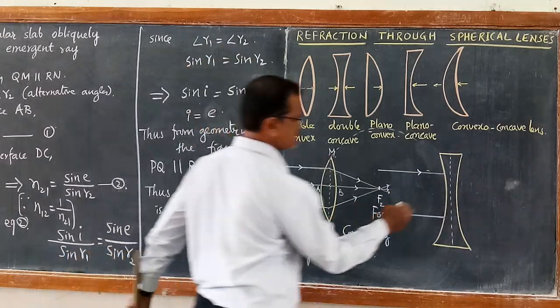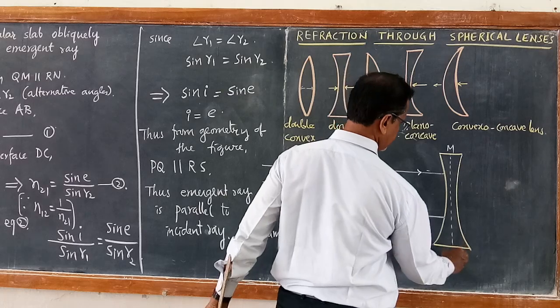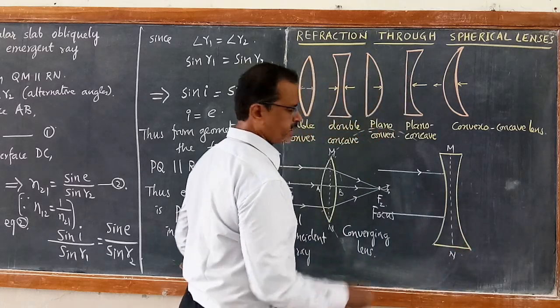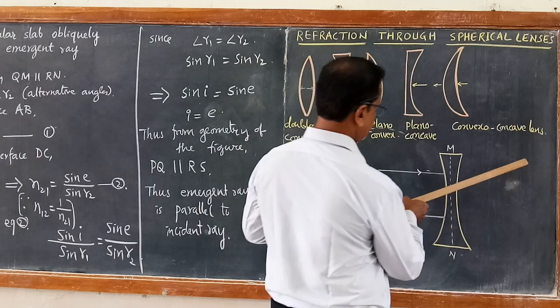MN is the optic axis. Like that, here you can take MN as the optic axis. That will be helpful for drawing the ray diagrams.